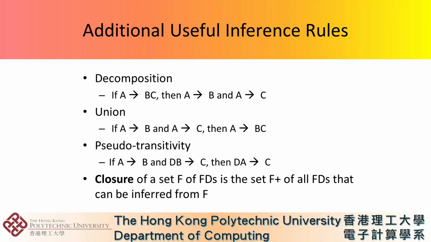Pseudo-transitivity: if A functionally determines B and DB functionally determines C, then DA functionally determines C. The closure of a set F of functional dependencies is the set F+ of all functional dependencies that can be inferred from F.